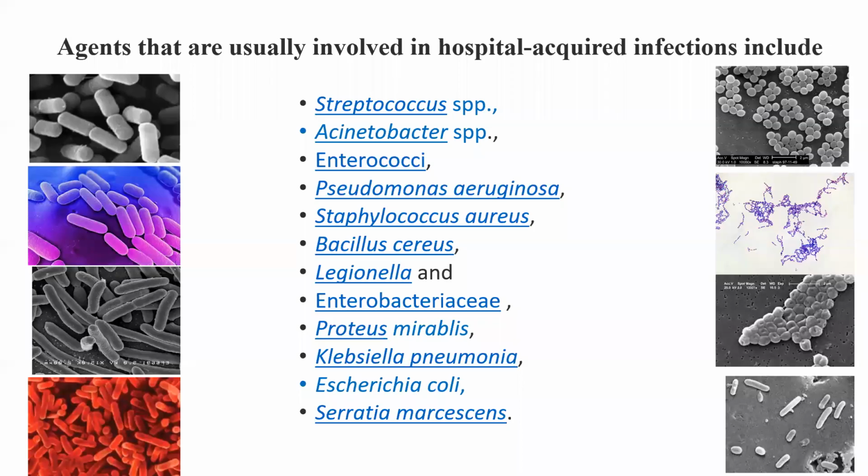Agents that are usually involved in hospital-acquired infections include various bacteria, and these are Streptococcus, Acinetobacter, Enterococci, Pseudomonas aeruginosa, Staphylococcus aureus, Bacillus cereus, Legionella, then Proteus mirabilis, Klebsiella, E. coli, Serratia, and so on.